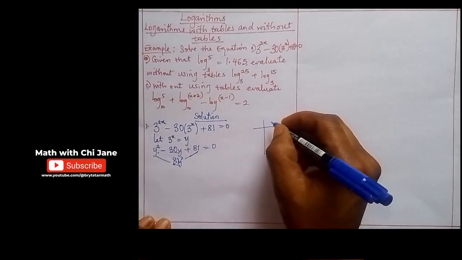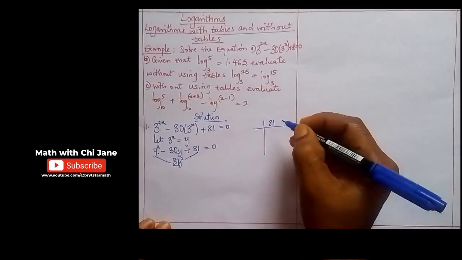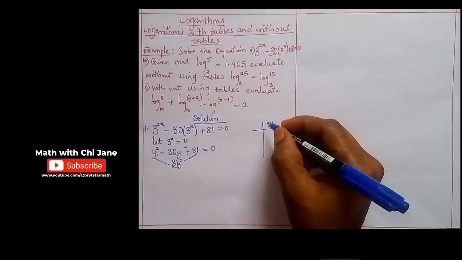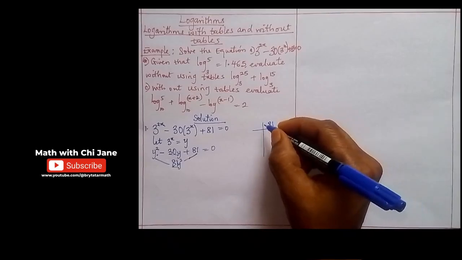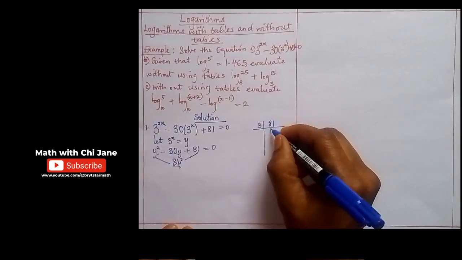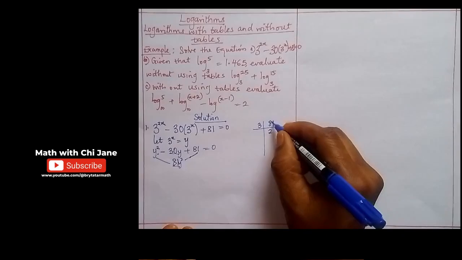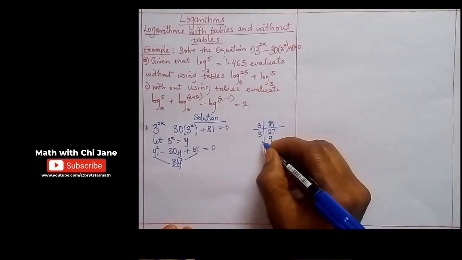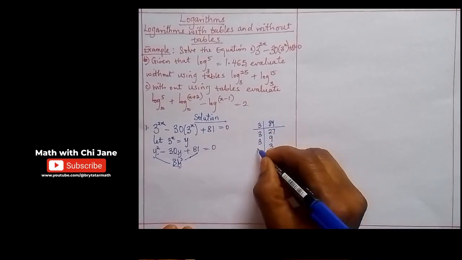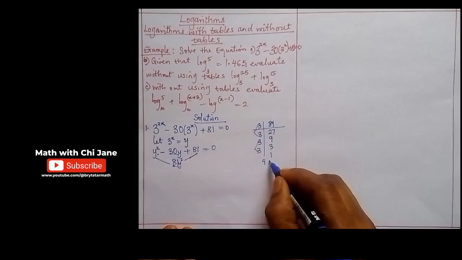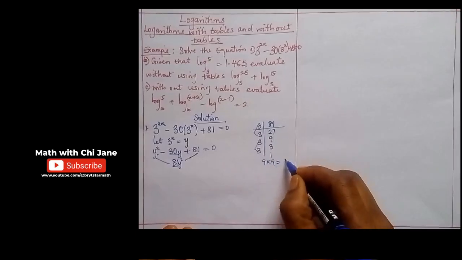I like to look for it by looking for the prime factors of 81. The least prime factor of 81 is 3. 3 in 8 is 2, remaining 2. 3 in 27 is 9. 3 and 3 is 1. If we say 9 times 9, that will give us 81.